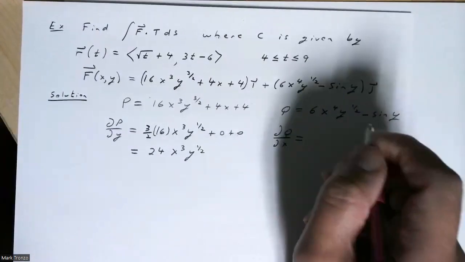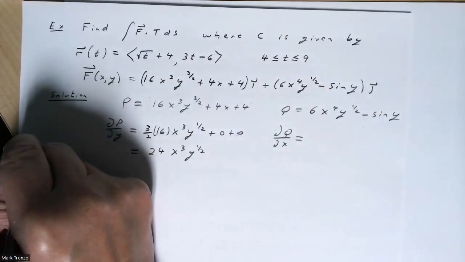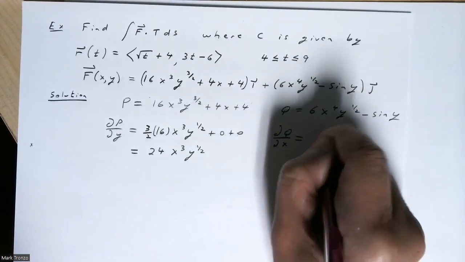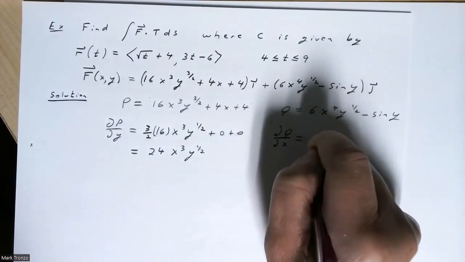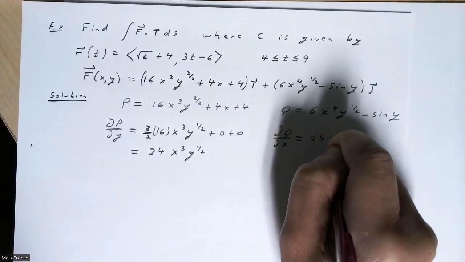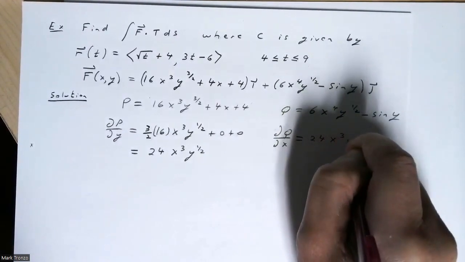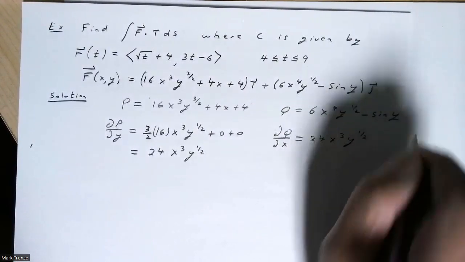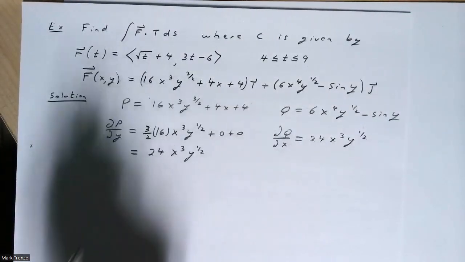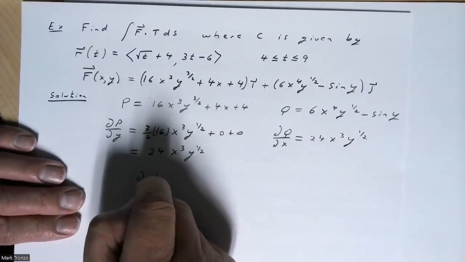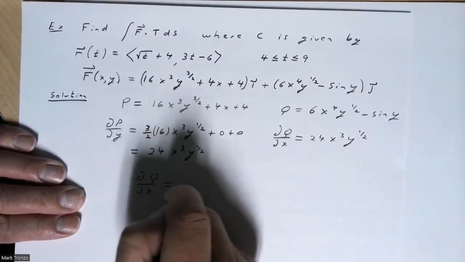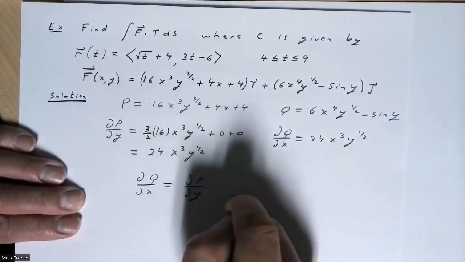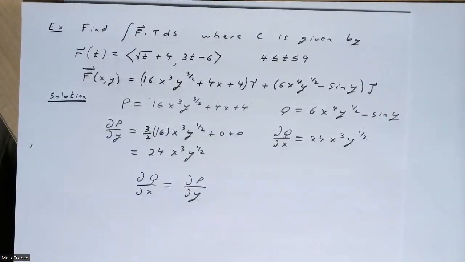And then over here, dQ/dx is going to be 24 x cubed y to the 1/2 plus 0. That's going to go away. So these are equal. dQ/dx is equal to dP/dy. So a potential function exists.